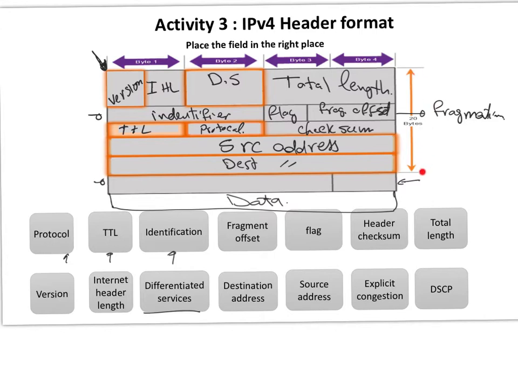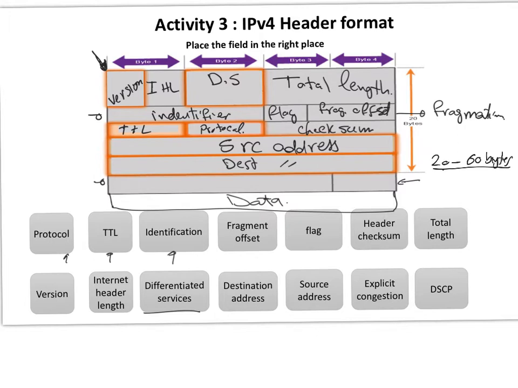This is the minimum, 20 bytes, okay? But in fact, the IP header can get from a minimum of 20 all the way to 60 bytes, okay? So we'll talk about this. First, let's take them one by one.